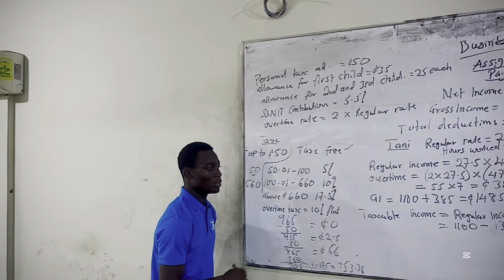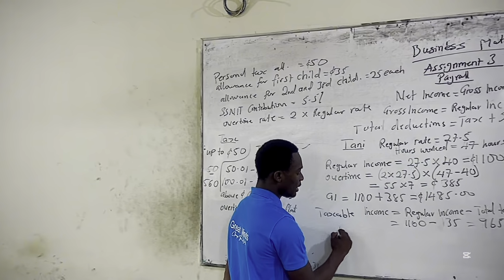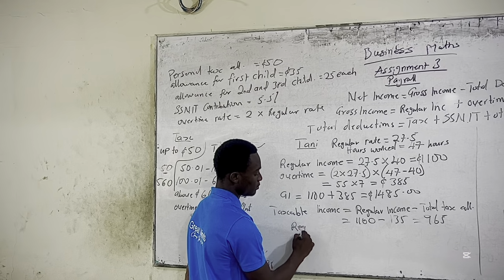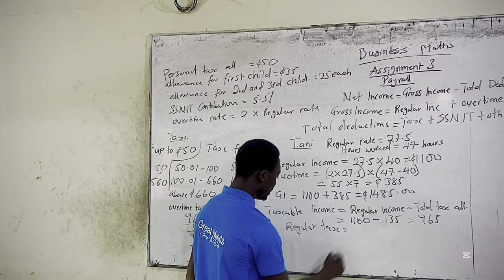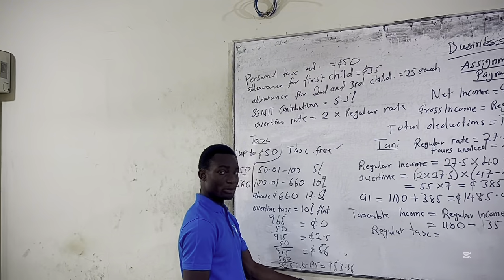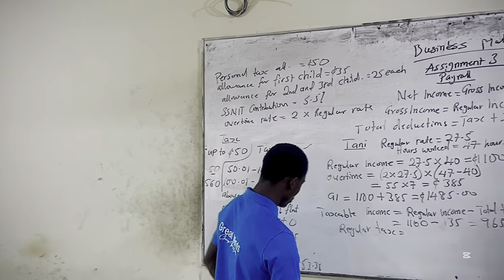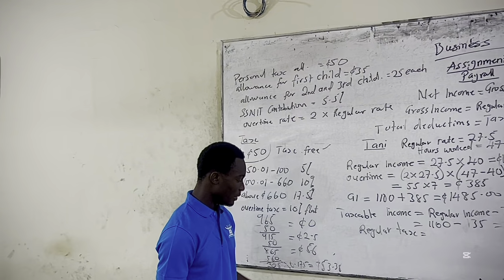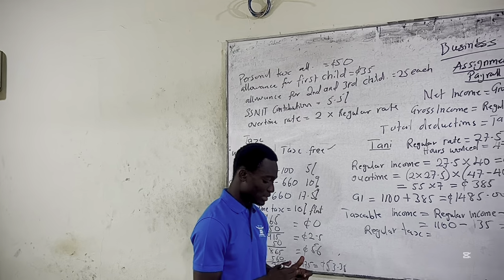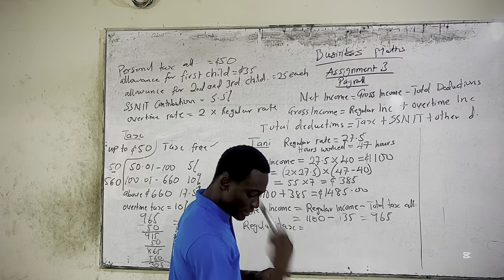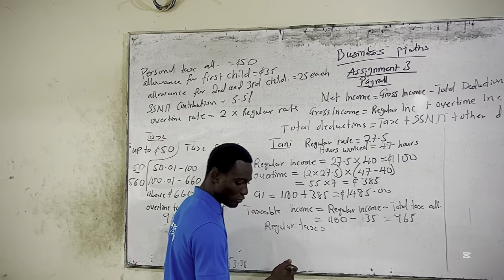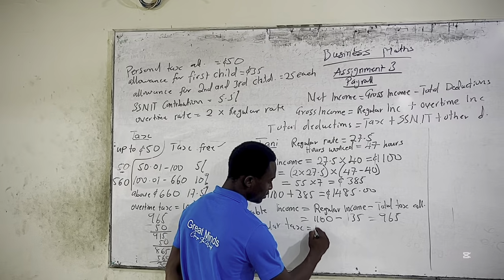So now the regular tax is going to be all these amounts put together. 53.38 plus 56 plus 2.5, and that is going to give you a regular tax of 111.88.